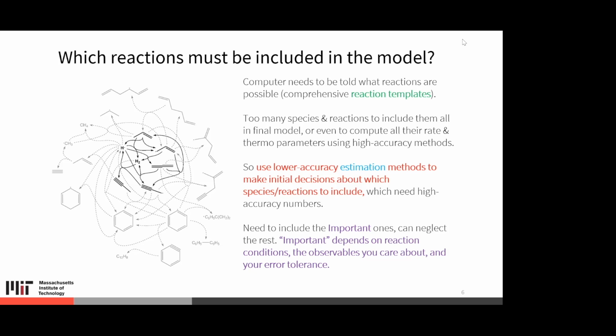But there are many other reactions you could imagine happening inside the propene system, and some of them are drawn with these dashed lines leading to the grayed out species. Unless you're brilliantly knowledgeable about the chemistry of propene, you probably would have no idea which of those many gray reactions and species are actually important at your reaction conditions.